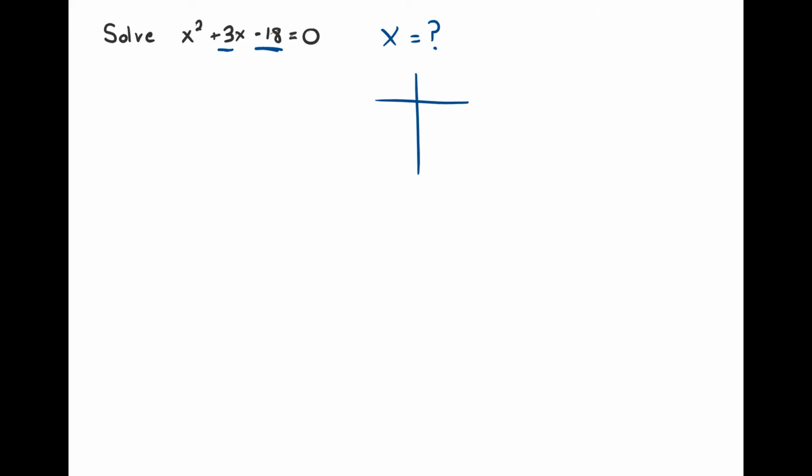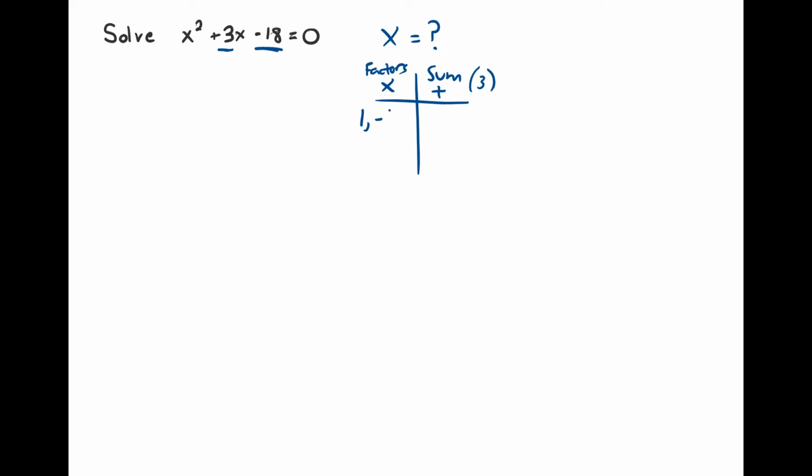And you can create a nice little chart over here and put one side as factors, so two numbers that multiply to negative 18, and then over here the sum of them, and this one needs to go to 3.